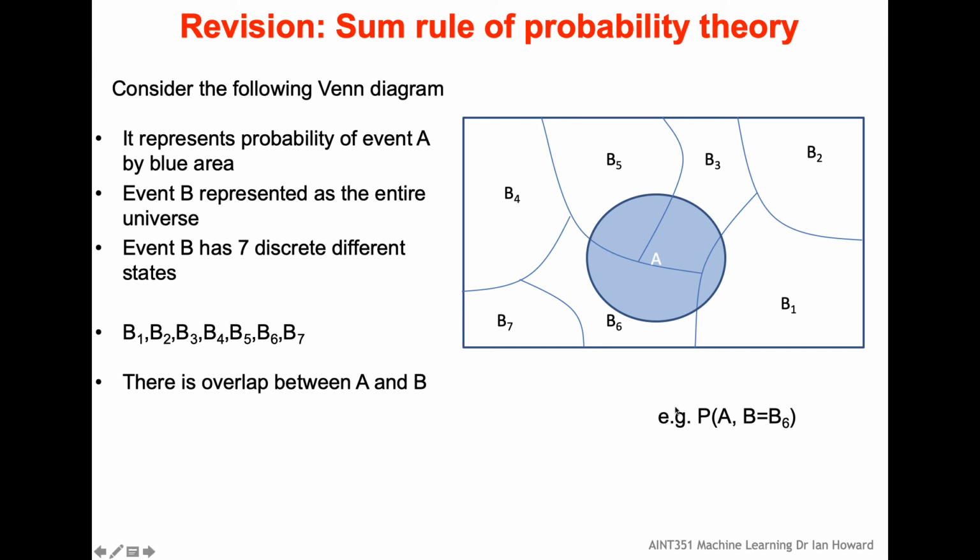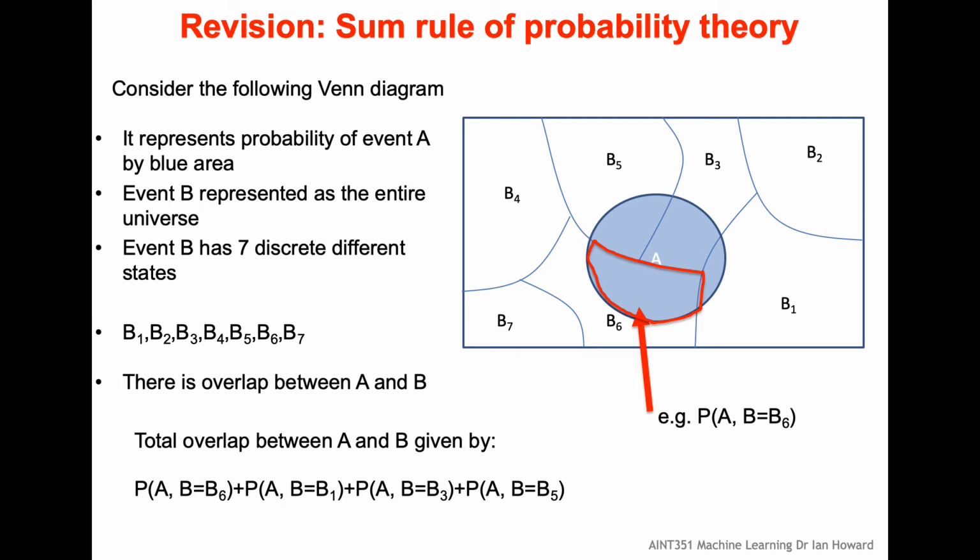So, for example, the joint probability of A and B6 is going to be related to this area here, right? And so on. So the total overlap between A and B is just made by summing up all of these bits which are blue.